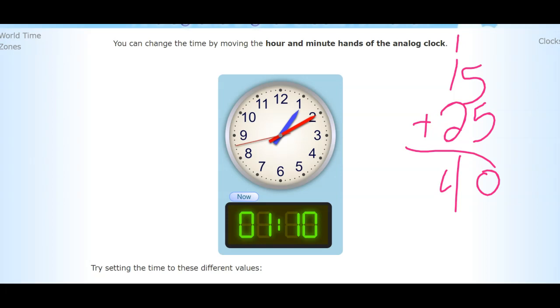From 1:10, I have to count by 5s, 40, right? So that's 5, 10, 15, 20, 25, 30, 35, 40. What time did he start? 12:30. Boom.